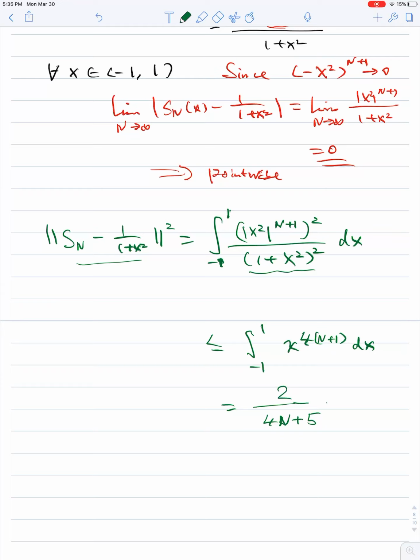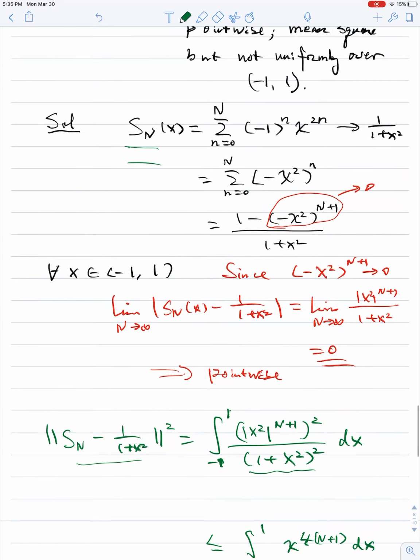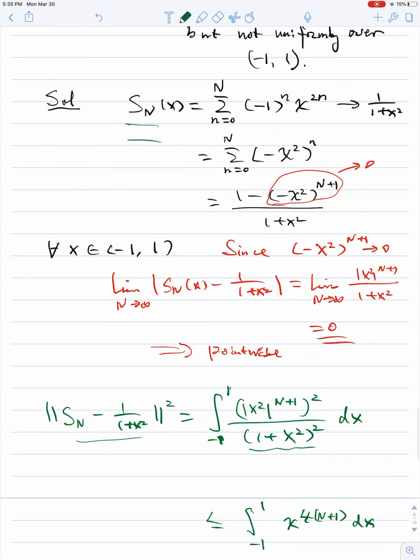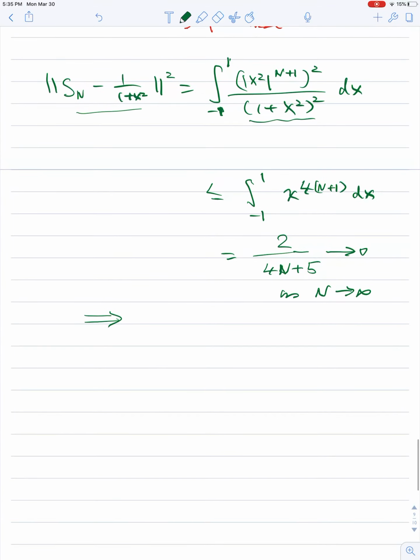Of course, this term goes to 0 as n goes to infinity. So this implies that this series converges to this function in mean square norm. So it's mean square convergence.